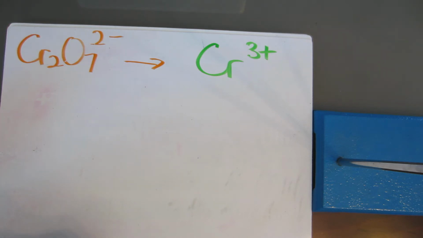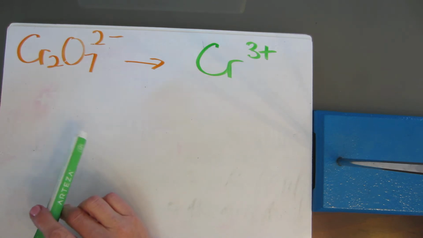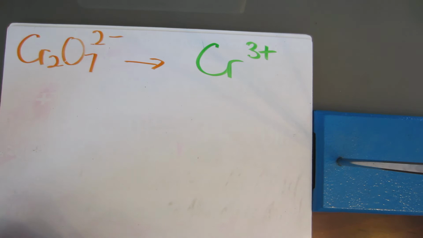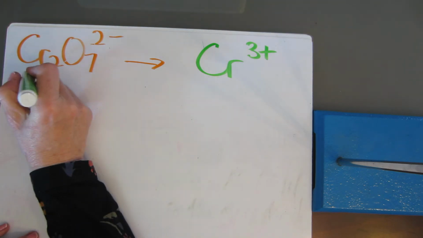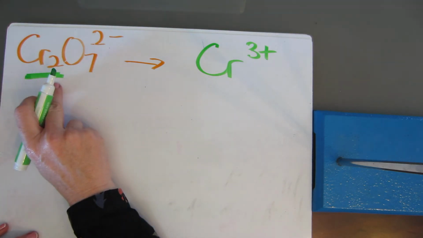We start off with our rules as normal: balance the oxygens with water, then balance hydrogens with H+. But for this one you have to be a little bit more careful before you start using your rules, because if you look very carefully, how many chromiums do we have on this side? 2.